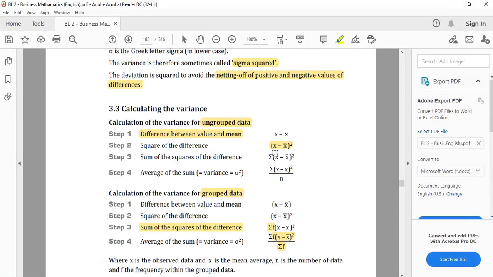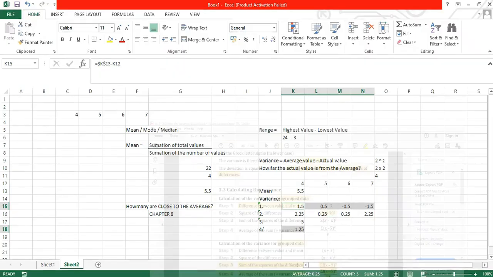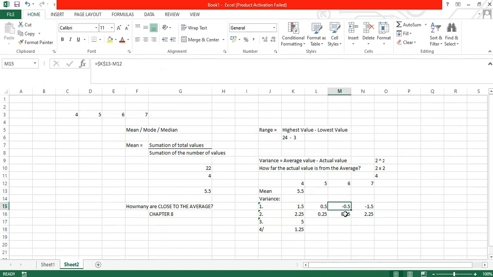So the reason they said before, the reason it gets squared, is to avoid the netting off of positive and negative. Because of this minus sign getting multiplied by the minus sign itself, it naturally becomes a plus. They deliberately want that to happen, so that the average remains a valid one.